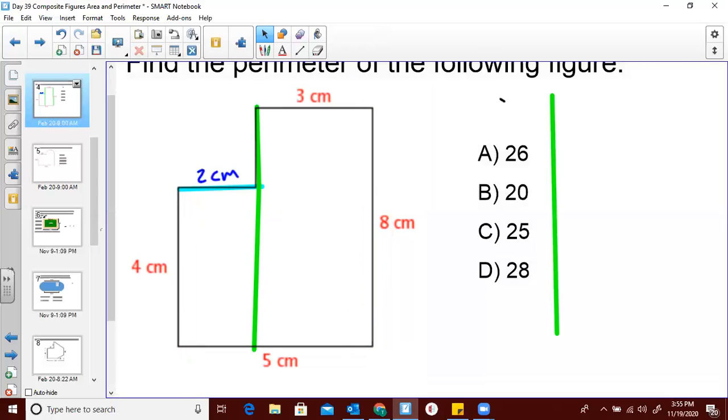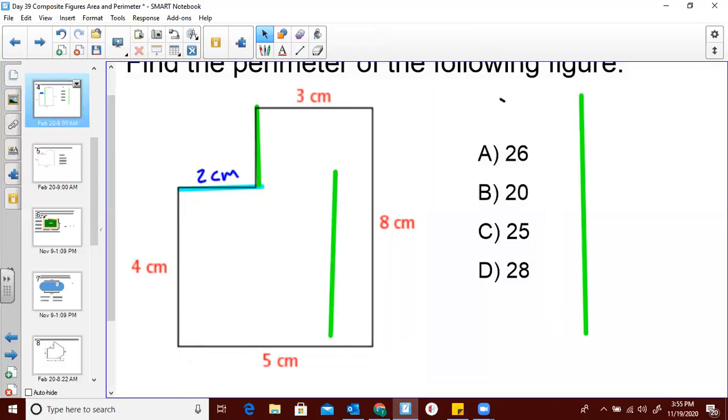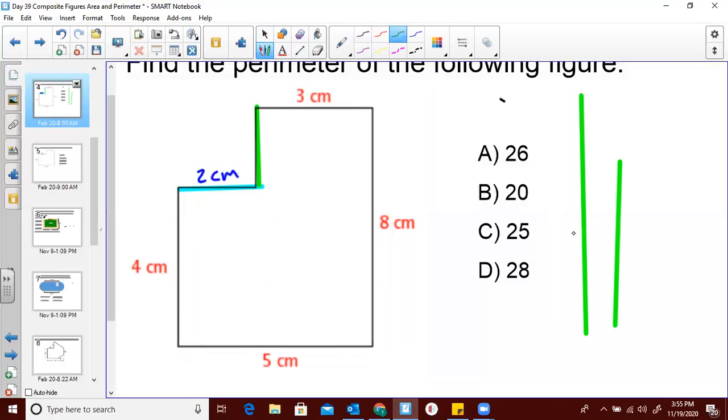Same thing: I'm going to take the big side and subtract the small side that I know. So that's going to be 8 minus 4, and that's going to give us 4. So that means that this vertical side is 4 centimeters.